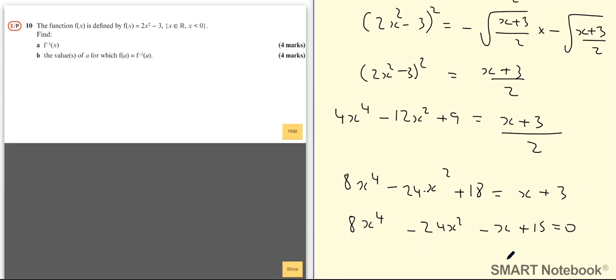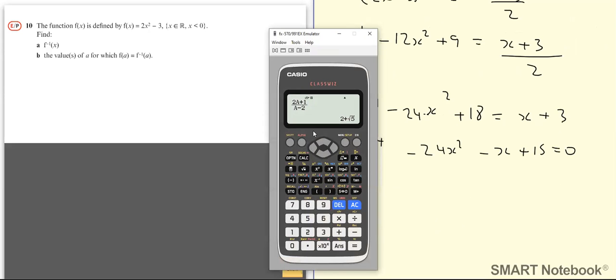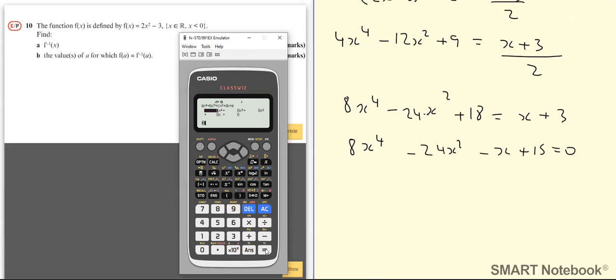Now, at this stage, what can we do? Well, we can put it in the calculator and it solves it for us. So menu, polynomial, power 4. If I just move this along a bit, we've got 8, no cubic, so that's going to be 0, so we have to be careful there. Minus 24, minus 1, and positive 15.